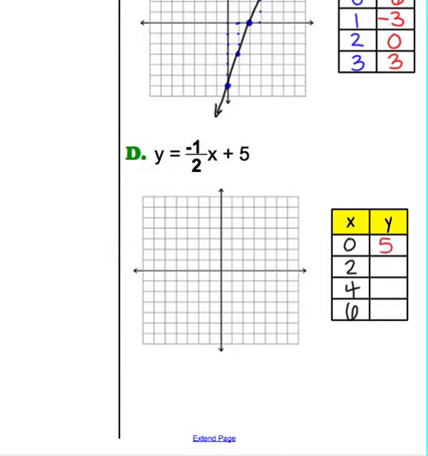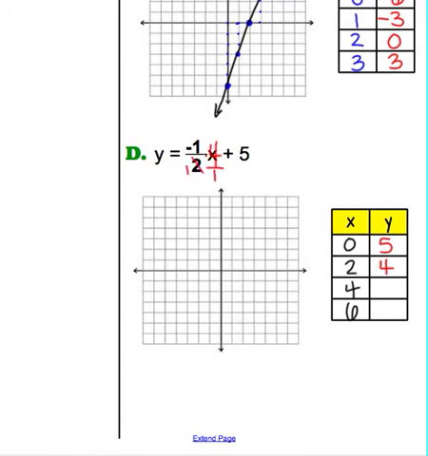Then I go ahead and use 2. Negative 1/2 times 2 over 1, these will cancel, leaving us with negative 1. Negative 1 plus 5 is 4. And then I can go ahead and do 4.